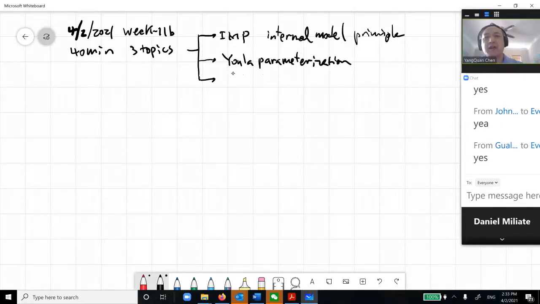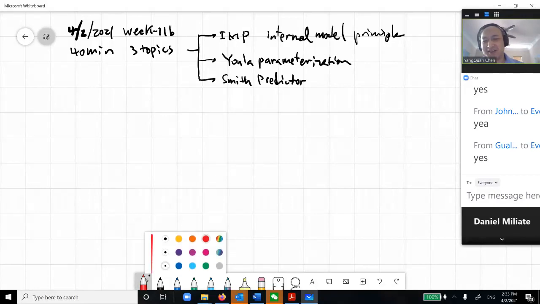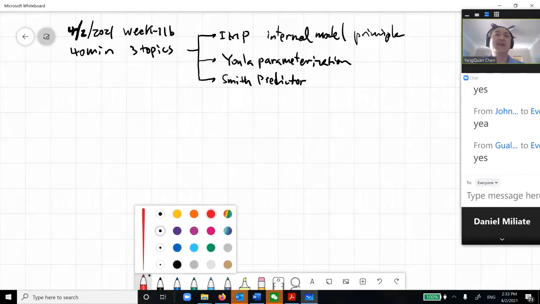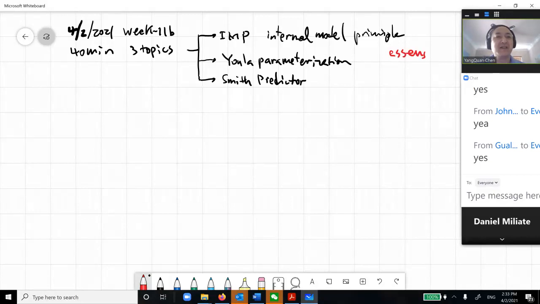The third one is called Smith's predictor. So we see whether we can do it. Obviously, we cannot do it, given time. So I'm going to give you the essence of the ideas.